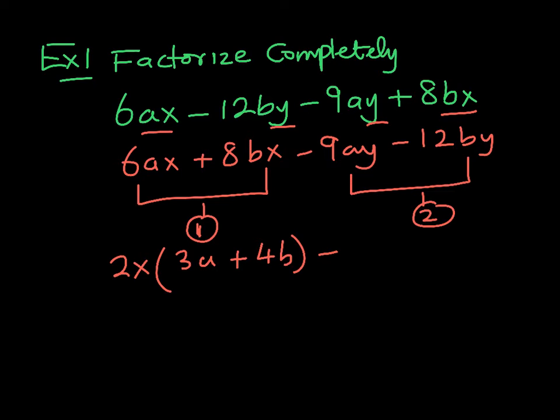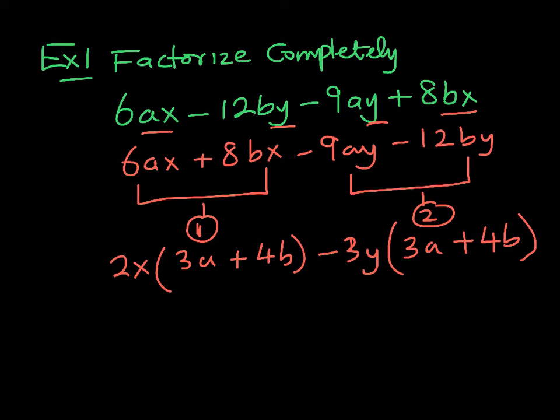And then there's a negative sign, so we're going to use negative 3y. If you divide negative 9ay by negative 3y, you're going to have positive 3a. Then negative 12by divided by negative 3y is going to give us positive 4b.